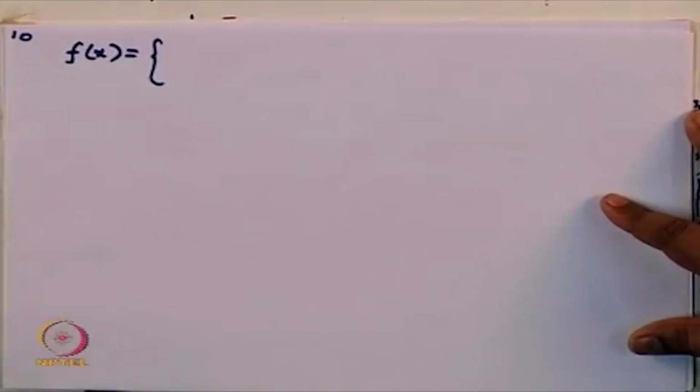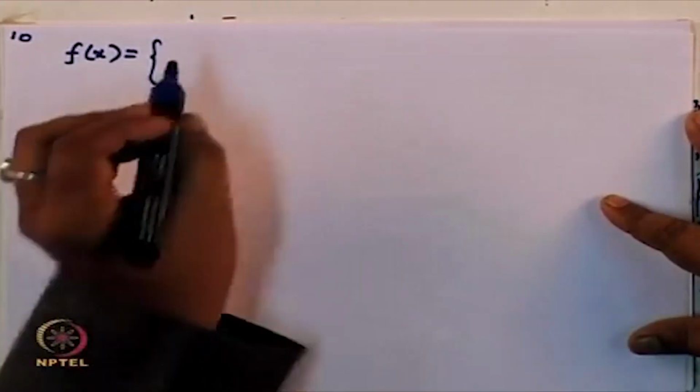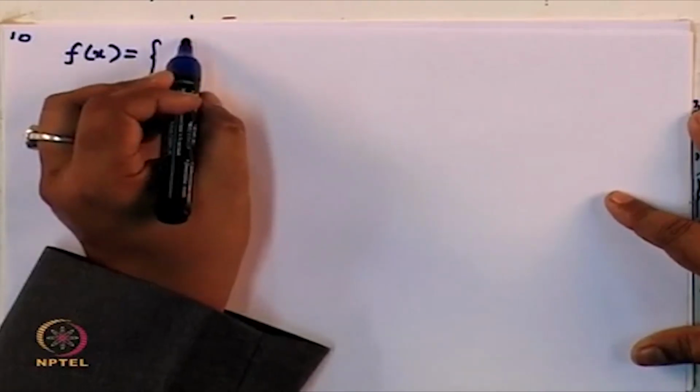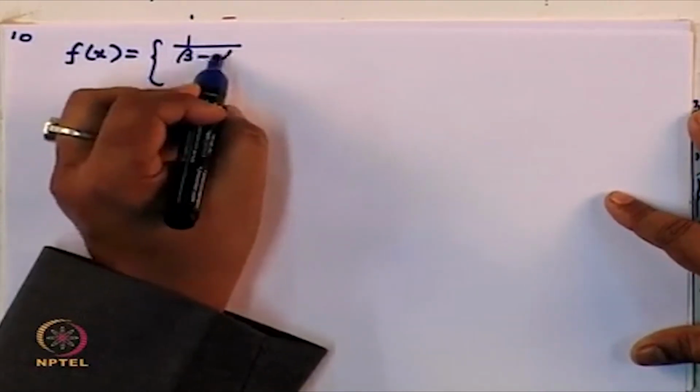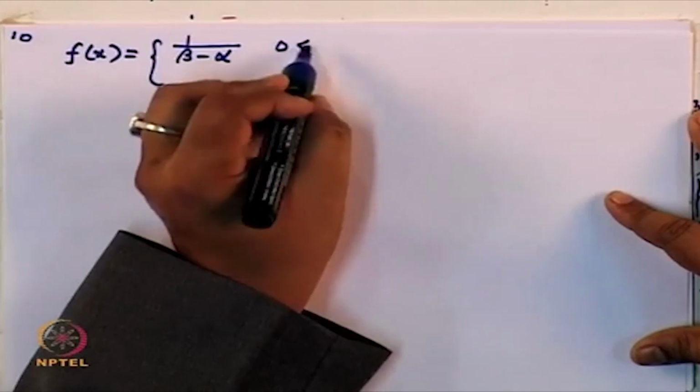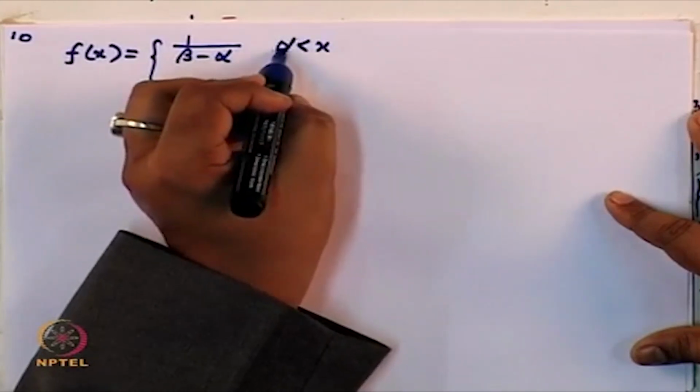So, in general, you define the probability density function for a uniform distribution as f(x) equal to 1 by beta minus alpha.